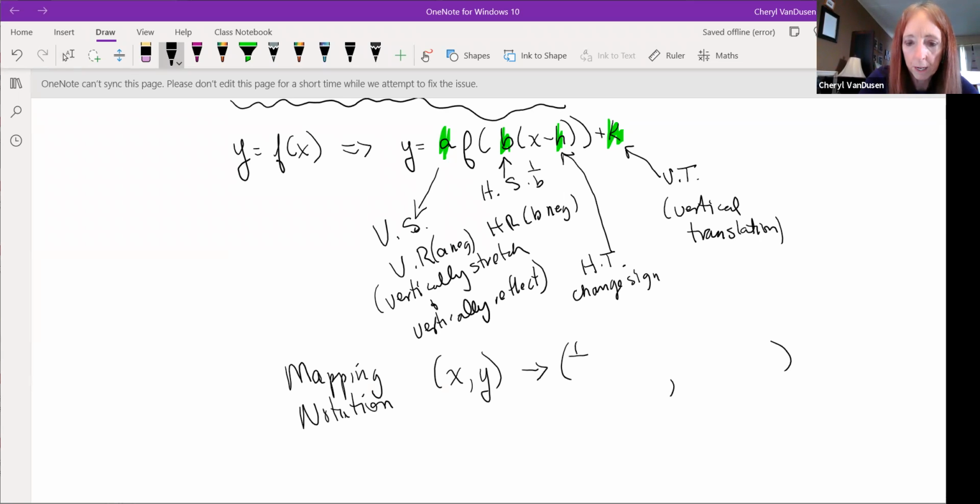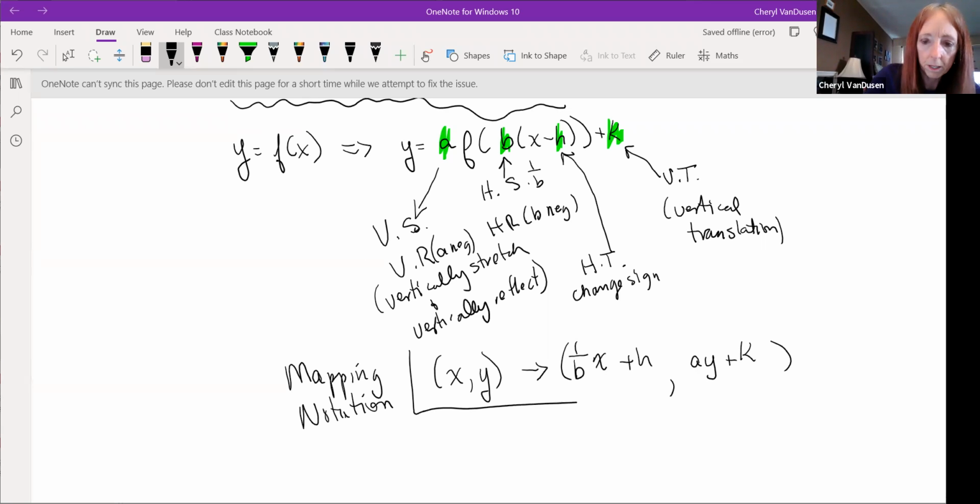To find the new x value, it's 1 over b times x plus h. That indicates that we're taking the reciprocal of the stretch factor and we're changing the sign on the translation factor. And then vertically, everything is sort of normal, quote unquote. And so it's just ay plus k.